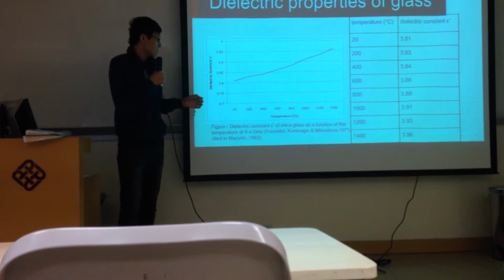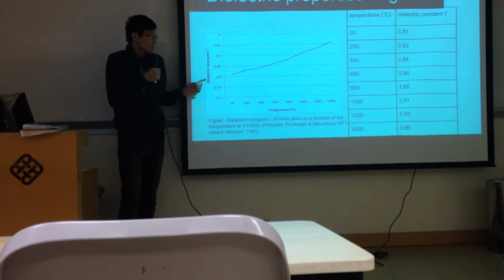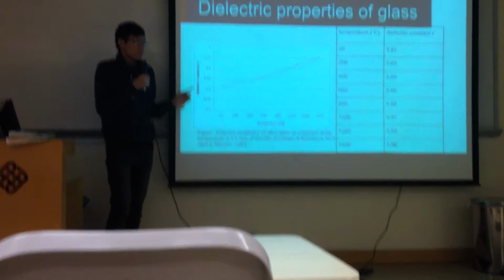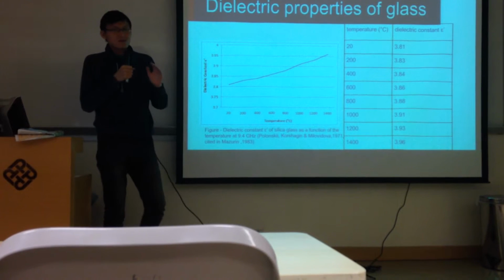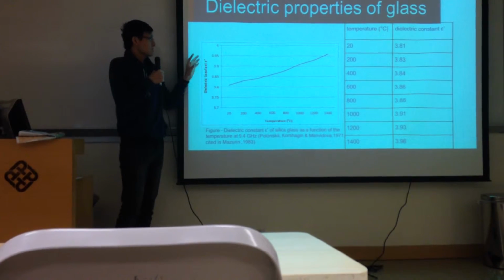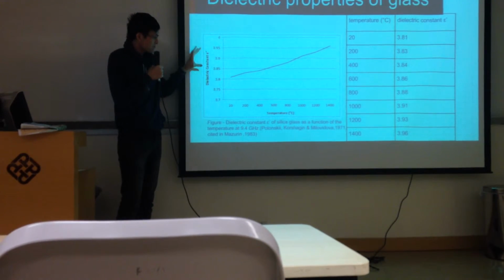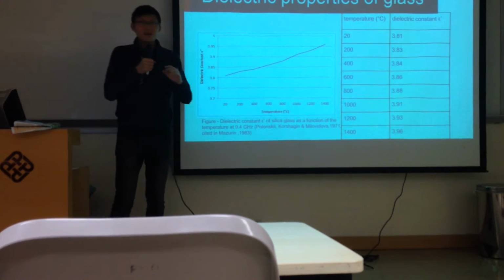And here we can find that the dielectric constant of silica glass is positively correlated with the temperature, which means that the dielectric constant will increase with the increase in temperature. However, the increase in value is not very significant, but still there is a trend.